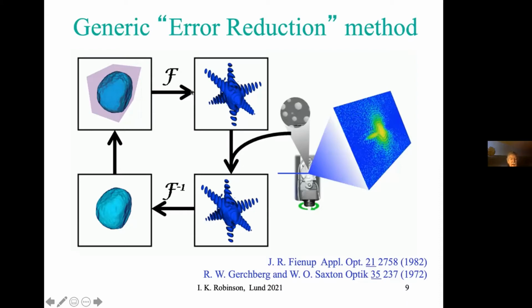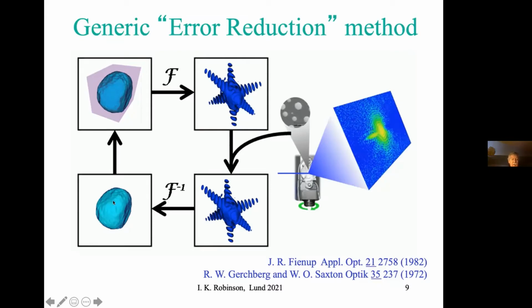And to make a reconstruction of this, you need to find out what are the phases of the diffraction which are not measured by the detector. And so you can't just go inverse Fourier transform to get the object. You have to go around a loop instead in order to get to an image. And in order to make the loop do something, you can overwrite the measured amplitude of the diffraction pattern on the reciprocal side.